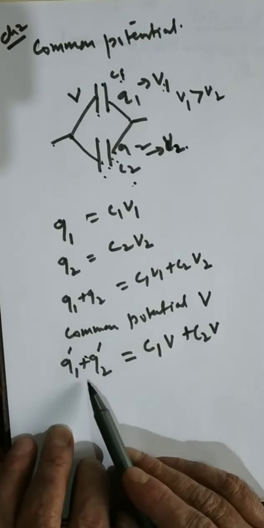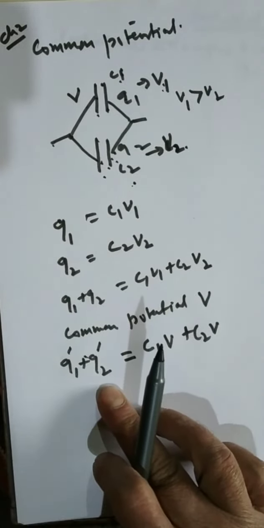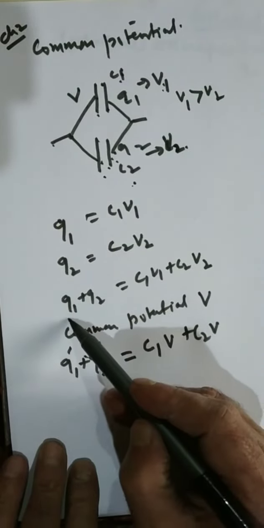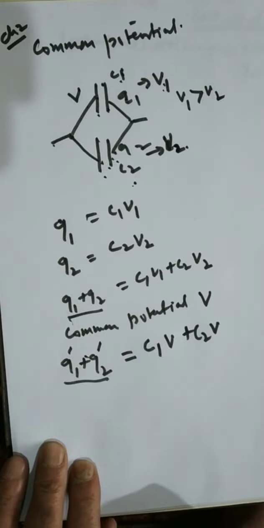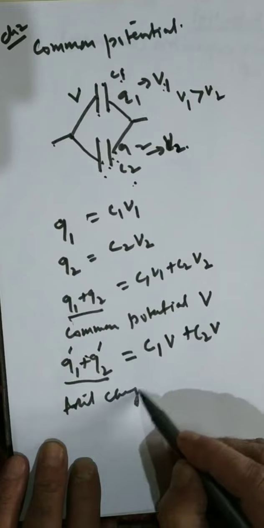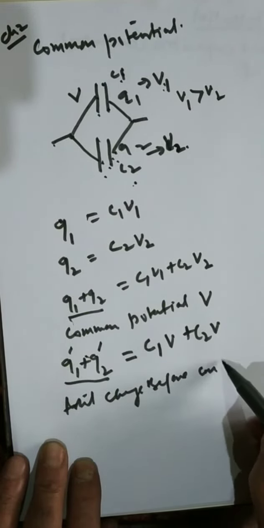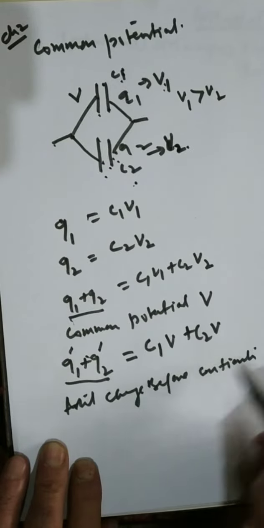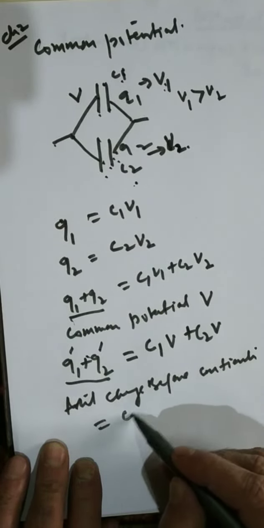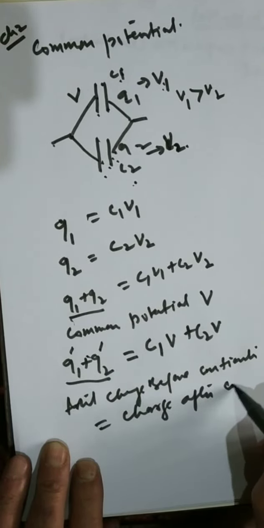So since there is no loss of charge, this charge must be equal to this charge. So total charge before connection is equal to charge after connection.